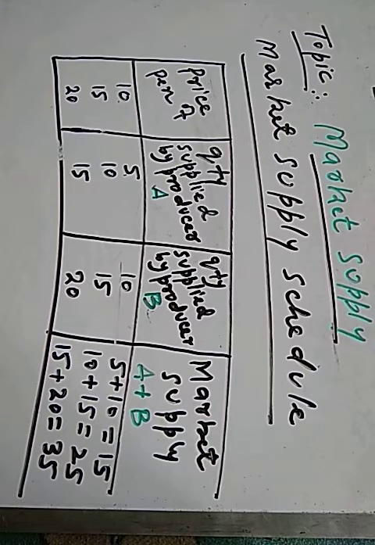Therefore, you should remember that in case of market supply, we get the market supply by horizontal summation of individual supplies of all producers at a given prices. इसमें हम horizontally sum up करते हैं individual supplies को at a given price.